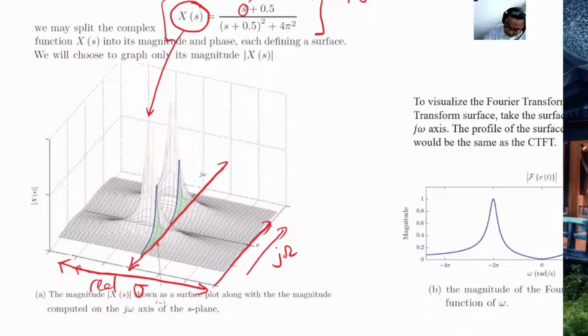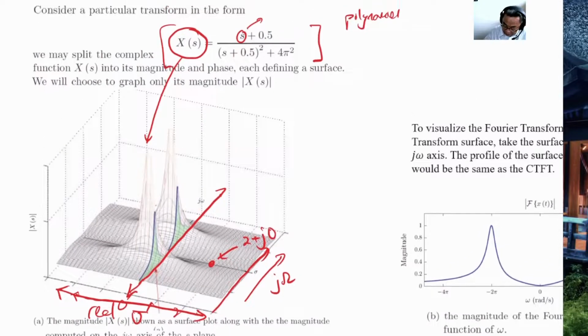For each value that you substitute in, for example, if sigma equals 2 and jω is 0, so this is 2 plus j0, and you substitute this into this equation over here, you'll get a complex value. You can plot the magnitude of the complex value, and for the entire s-plane, you get a surface, and this is what we are seeing here.